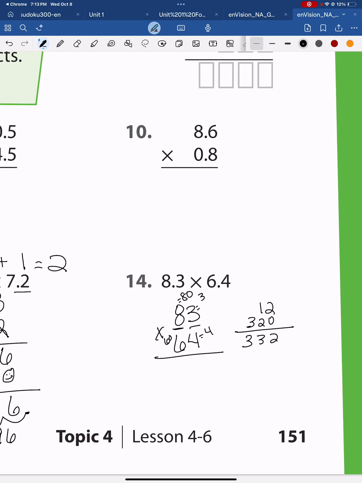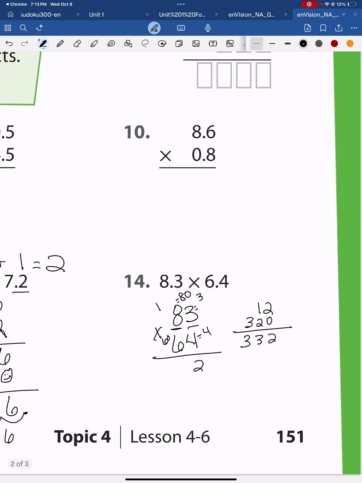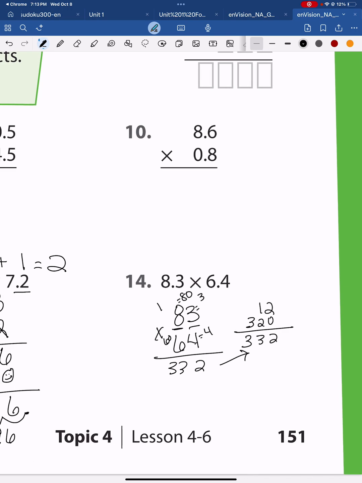If you multiply with the standard algorithm, 4 times 3 is 12, carry the 1, 32 plus 1 is 33. Same answer. Then when you move into the tens place, we put the 0 here to push us over to make sure we're underneath the right place value.